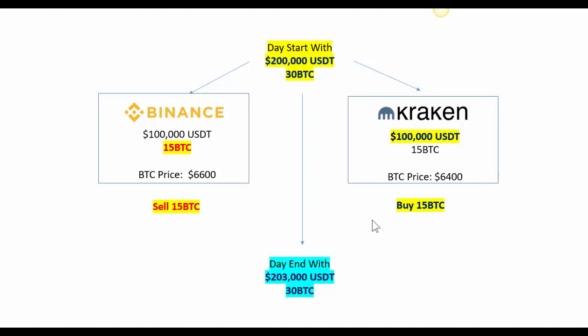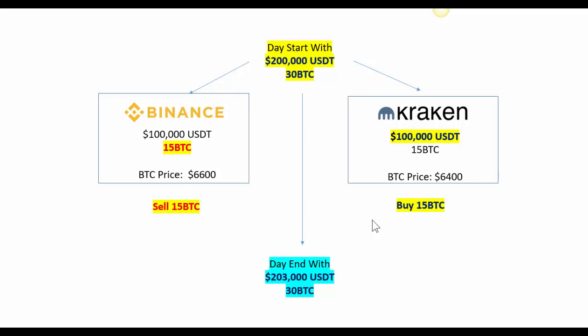Simultaneously on Kraken, a buy order is triggered to obtain 15 more Bitcoin, okay, at the price of 6,400. So you're buying Bitcoin at 6,400, and you're selling at 6,600.